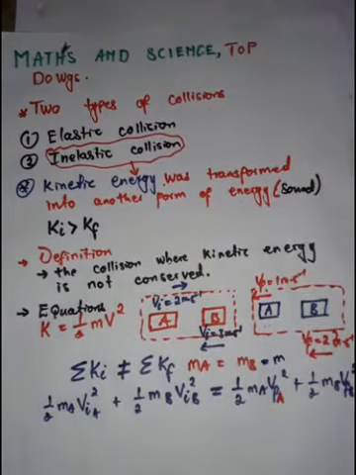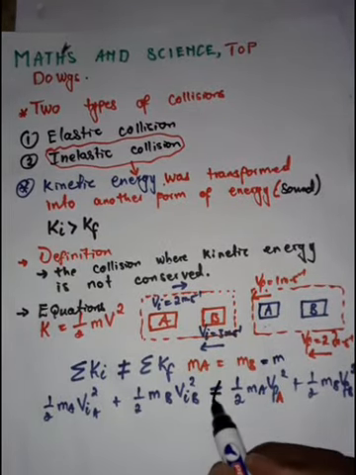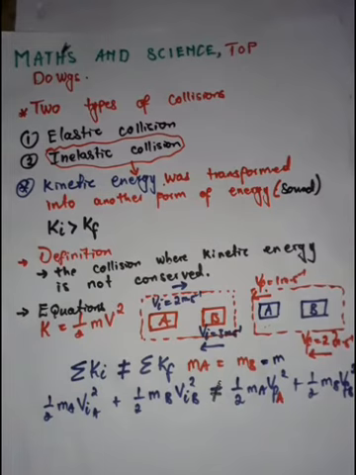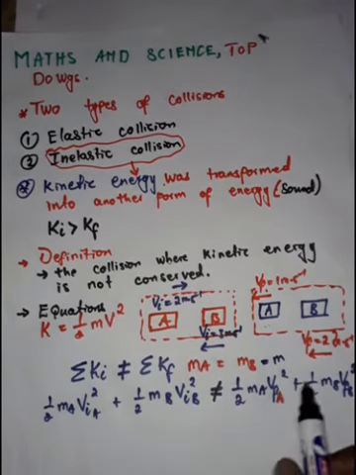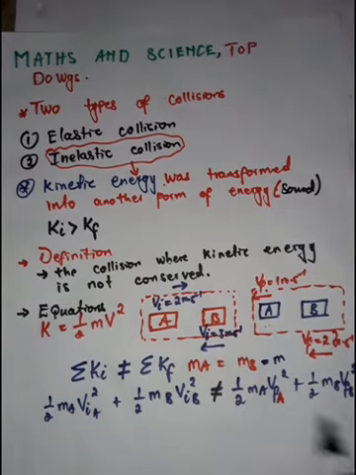Since we want to prove that this is an inelastic collision, the kinetic energy initial must not be equal to the kinetic energy of these two objects final.